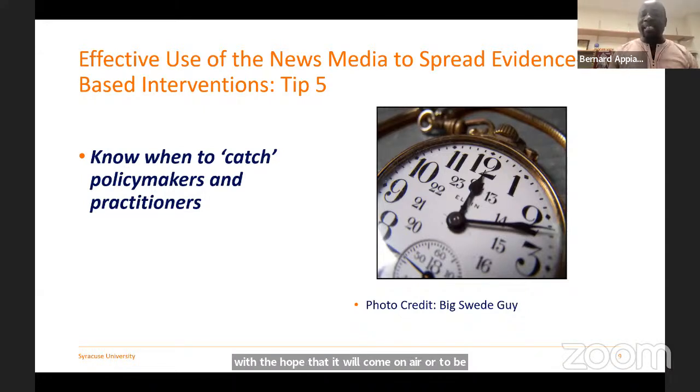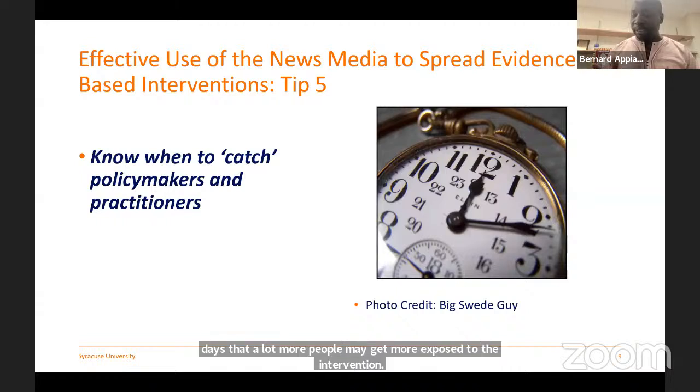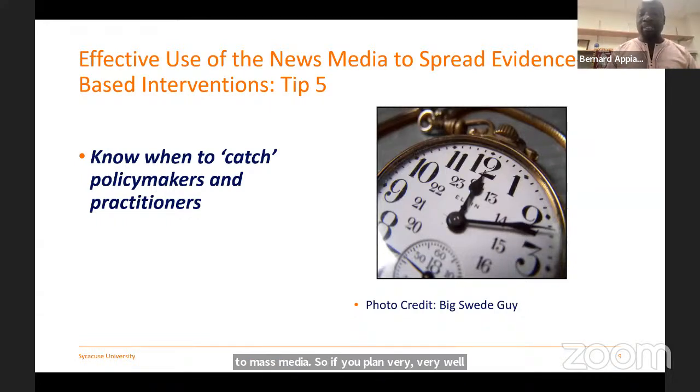In general, you may find that on some particular days a lot more people get exposed to mass media. So if you plan very, very well, it is possible that you could end up having a very successful program because a lot more people will be aware of it. So timing is very important for the media, but it's also important for the key people you hope to engage.